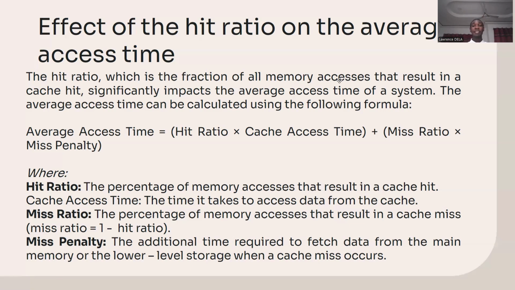This is just a scenario I'm putting. If I had gotten the assignment from my class rep, that would save time. But I didn't get it there, so I would have to go to my lecturer. So that is additional time. So the miss penalty is the additional time required to fetch data from the main memory or the lower level storage when a cache miss occurs.